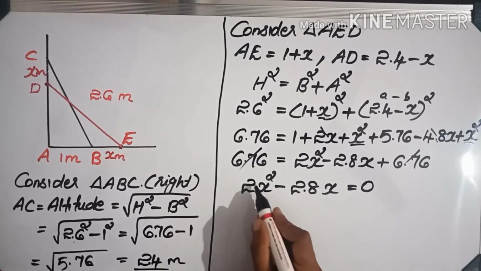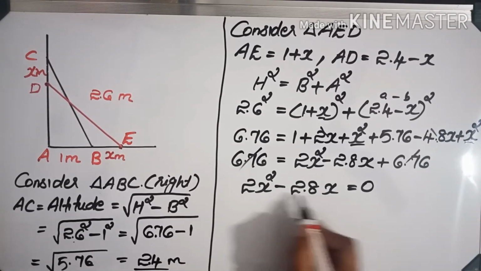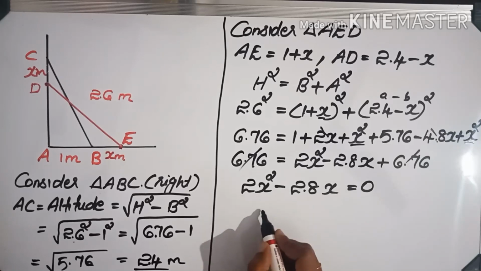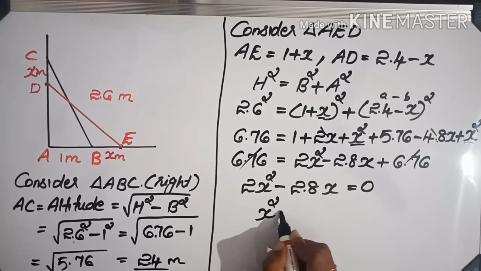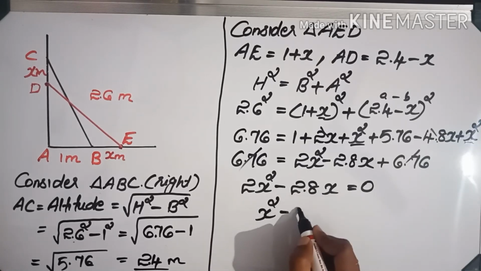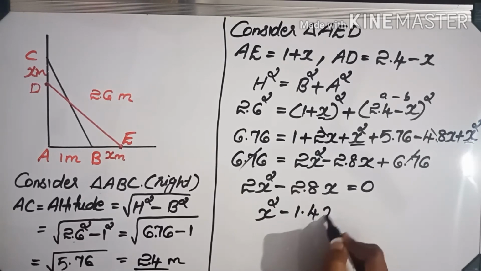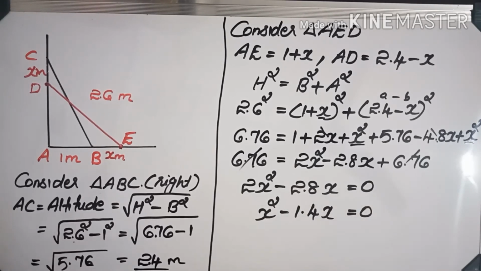Now we can simplify this. 2 is common here, so divide the whole by 2. The answer will be x square minus 1.4x equal to 0. Now we can take x common outside. x square means x into x; from that, taking one x outside, the remaining is x, and from 1.4x taking x outside, the remaining is 1.4.